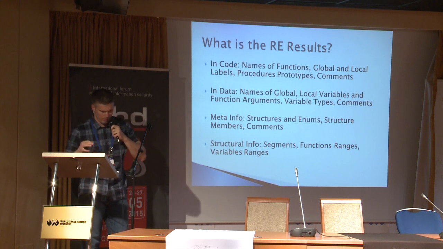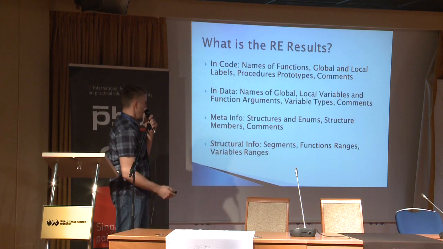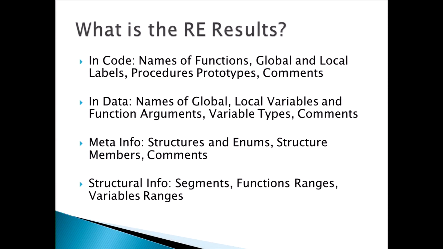So let's try to generalize what these reverse engineering results are. I divided them into four parts in code: names of functions, global and local labels, procedures, prototypes, and comments, which very often are some intermediate option in the data.